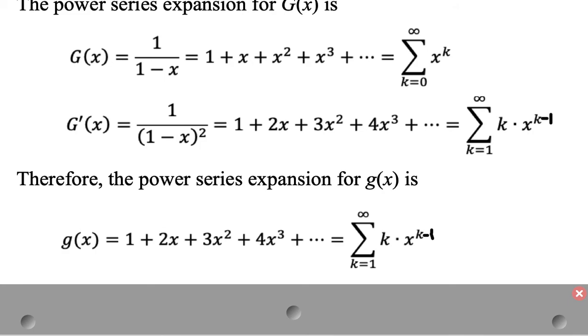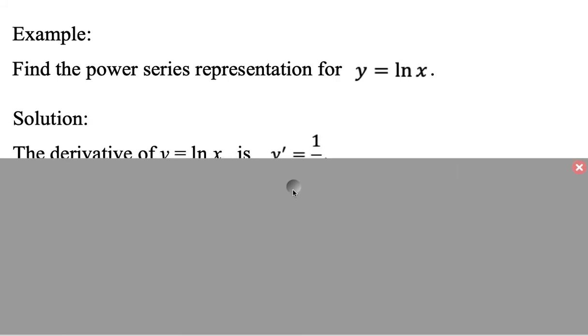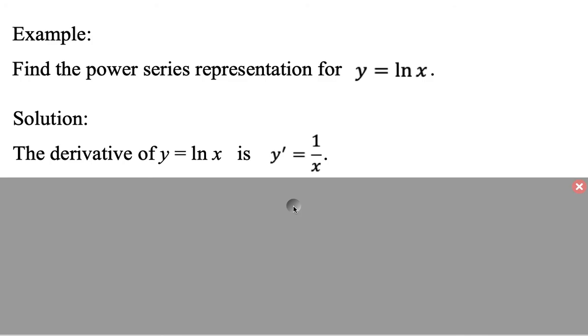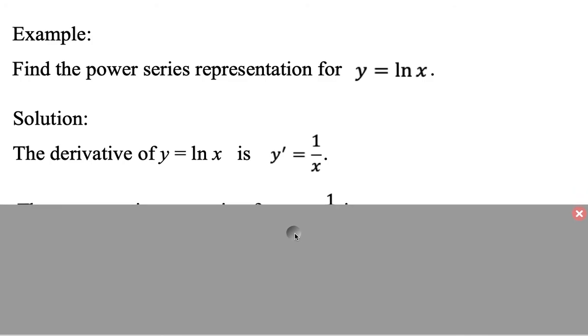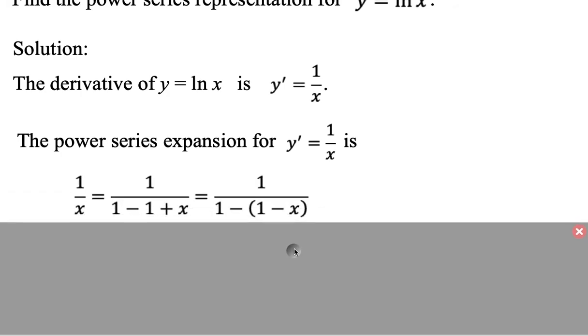Let's consider a second example. Let's find the power series representation for ln of x. Well, this isn't a rational function, but we know the derivative of ln of x is 1 over x. So manipulating 1 over x, we can say the following. That 1 over x is 1 over 1 minus the quantity 1 minus x.